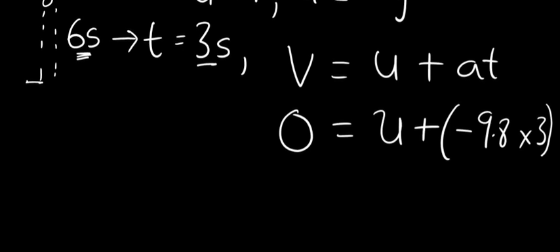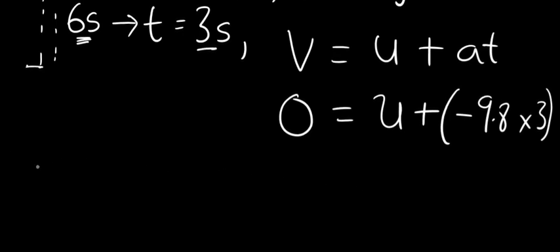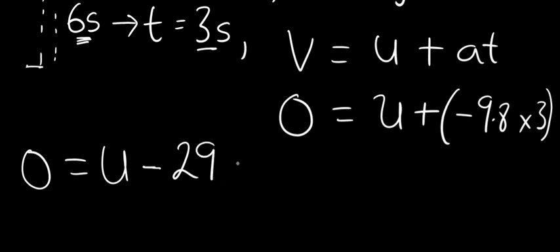Do you understand? So it's going to be that 0 is equal to U minus, because plus times minus is going to be minus. So 9.8 times 3. So it's going to be minus 29.4.